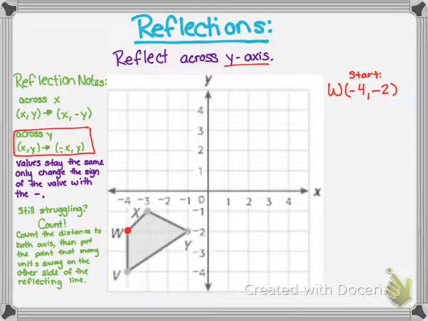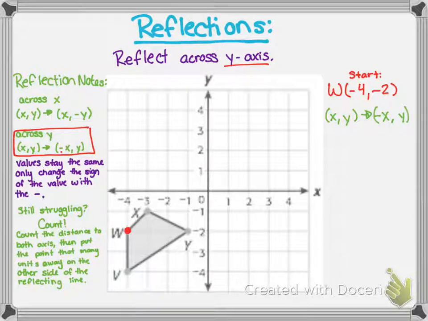So again, your numbers stay the same, you're only changing the sign of the one that has a negative in front of it in the rule. So in this example, we should have x comma y goes to -x comma y.